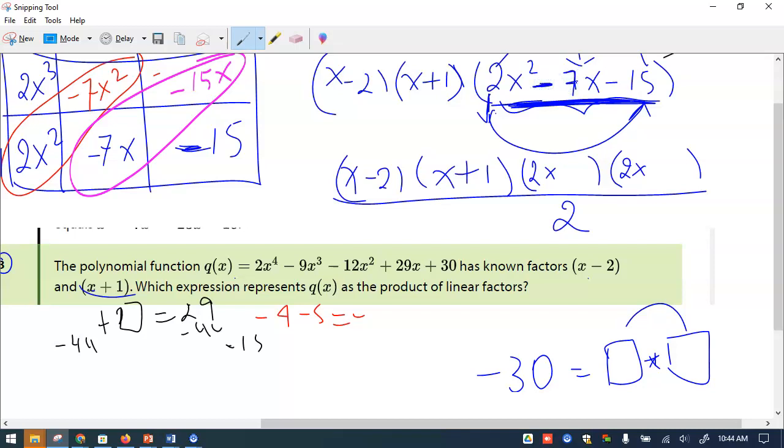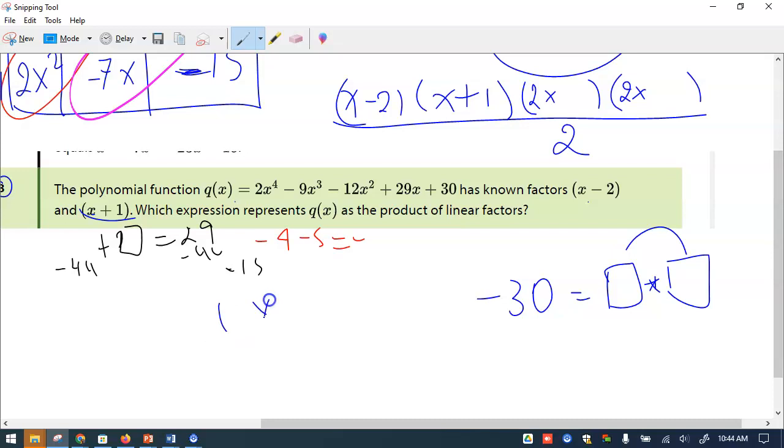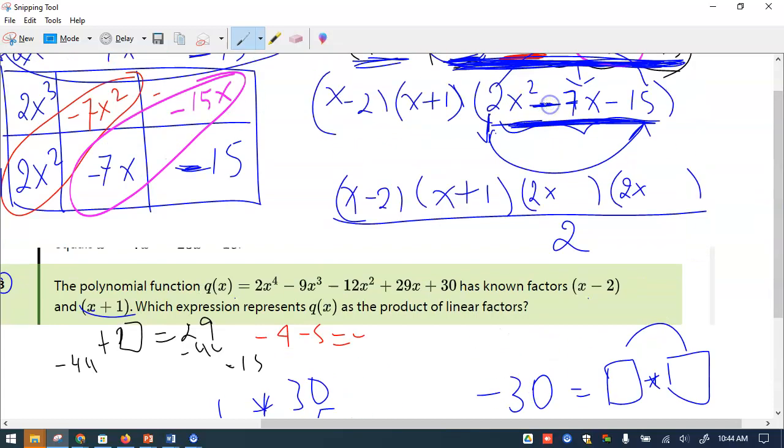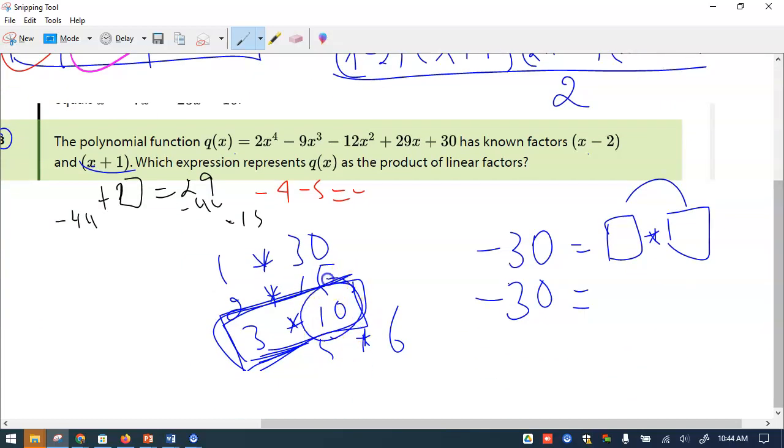So what numbers can we think of? Is it 1 times 30, or 2 times 15, or 3 times 10, or 5 times 6? Remember, when you subtract, you have to get 7, and this is a better candidate to put those numbers. So minus 30 can be written as, because there is a minus 7, the bigger one will take the minus, the 10 will take it, so we'll put plus 3 and minus 10.